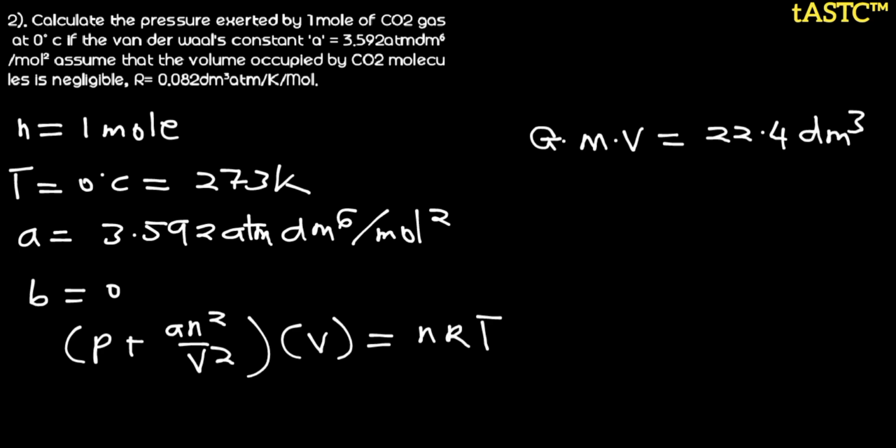That is because the volume occupied by the CO2 molecules is negligible. So the normal volume you would have would be the GMV, the volume occupied by 1 mole of a gas. In this case we have just 1 mole, so that is what we're going to use for V. V in this case is equal to 22.4 dm^3.